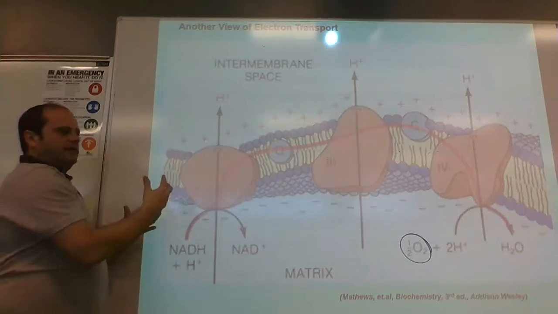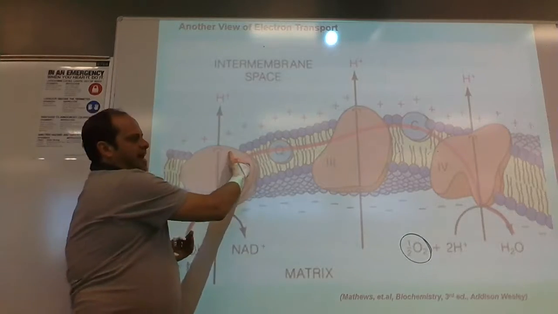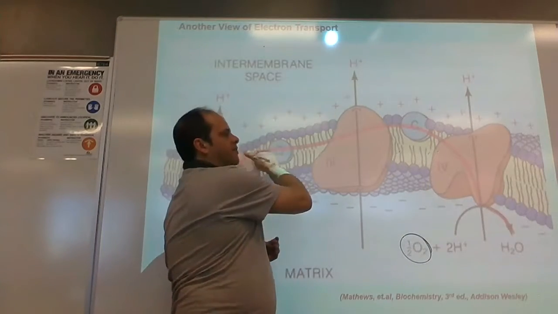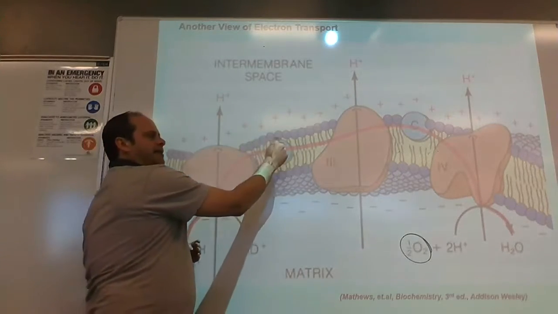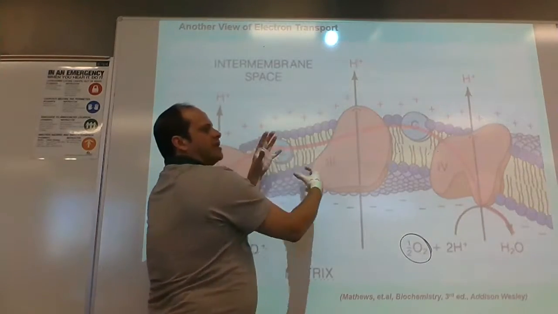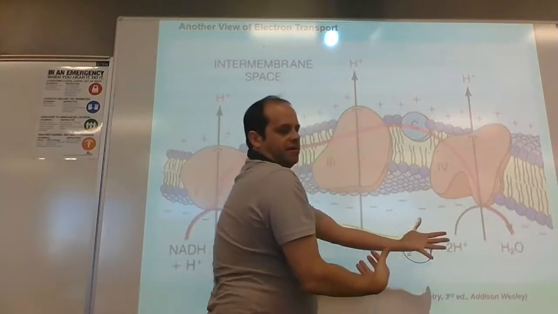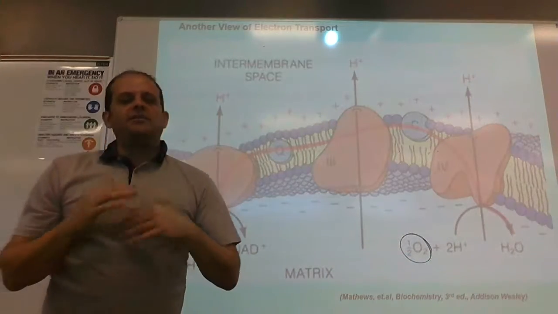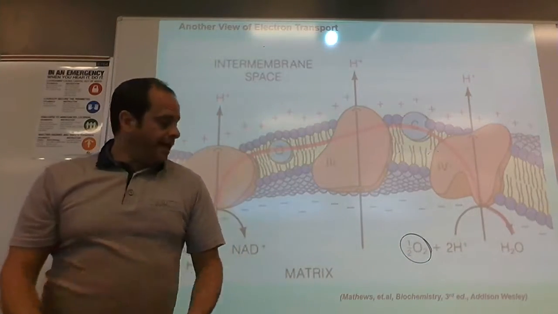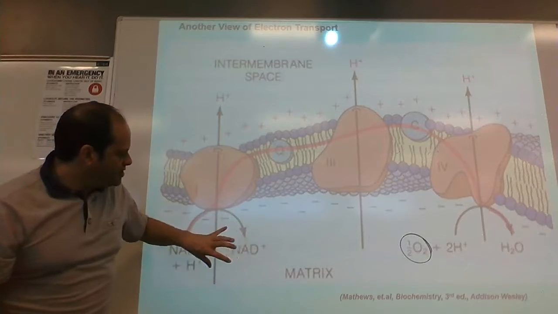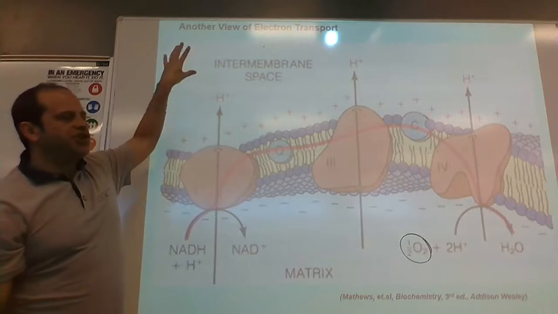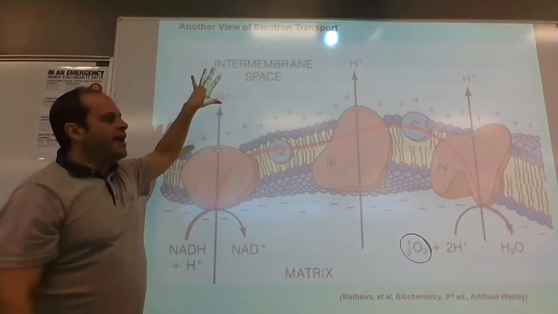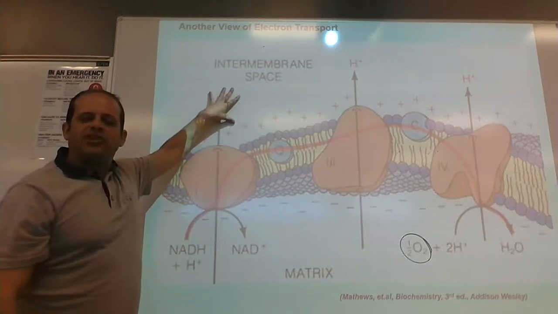This is where the energy comes from, as the electrons pass from membrane-bound and mobile carriers, the electrons give off energy. This energy has to be immediately coupled into the pumping of hydrogens from a low concentration to a high concentration. Again, we have to keep that intermembrane space filled with hydrogen ions.